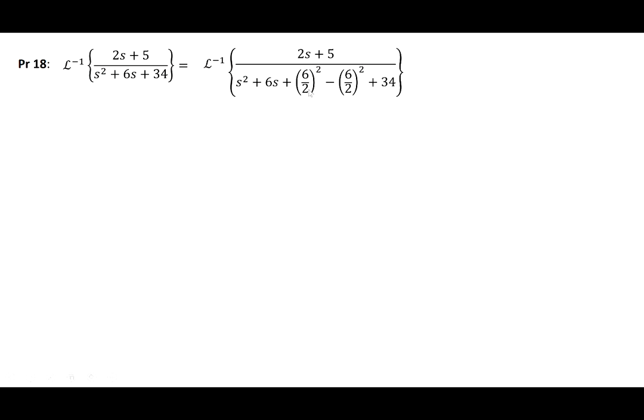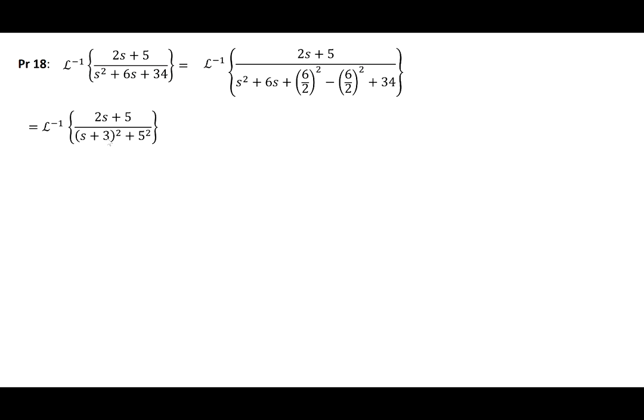The first three terms form a perfect square of (s plus 3) the quantity squared. This is minus 9 plus 34 is 25. So this reduces to Laplace inverse of (2s plus 5) over the quantity (s plus 3) squared plus 5 squared. Cool?